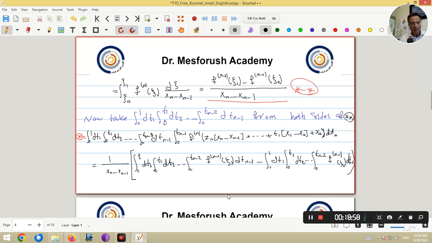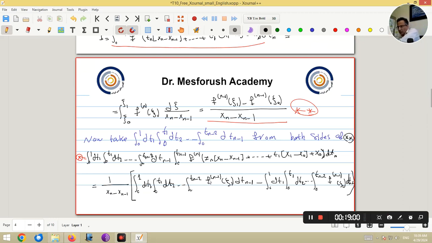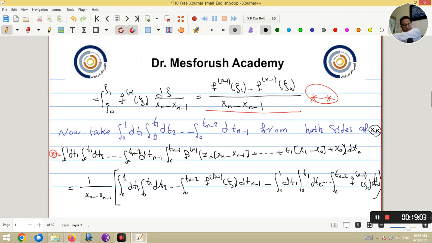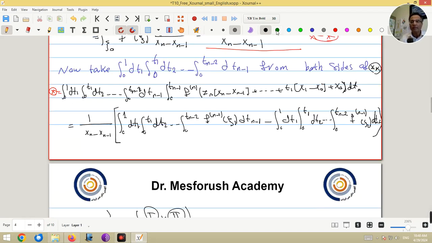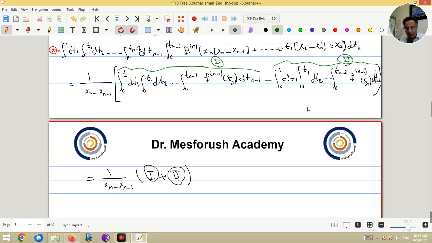Finally, let me do it a little simpler. It will be equal to 1 over xn minus 1 times 1 plus 2. Let me call this one 1, and this one 2. Now I have to compute 1 and 2.